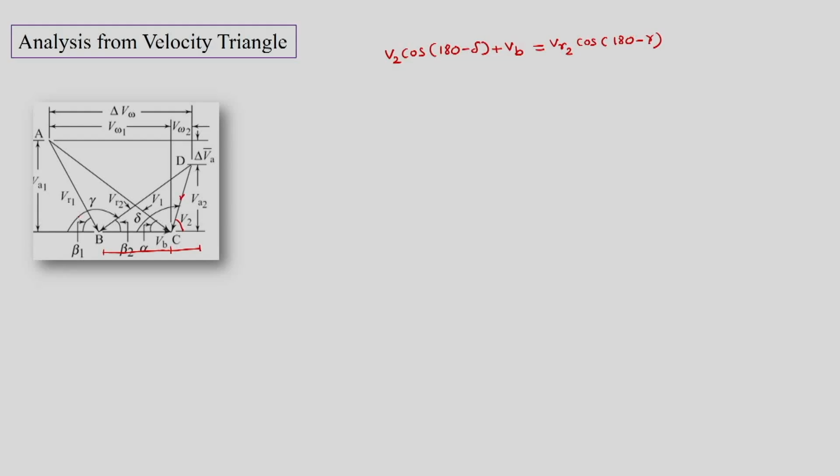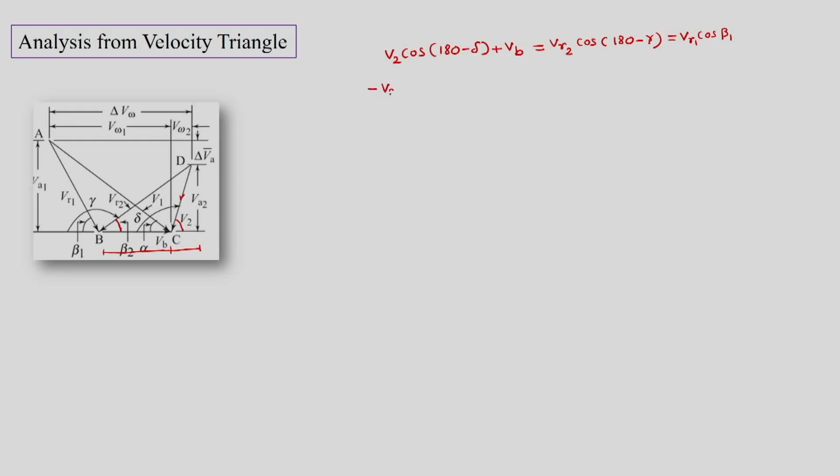So, gamma is this angle, 180 minus gamma is this angle, which is necessarily beta 1, VR1 cos of beta 1.